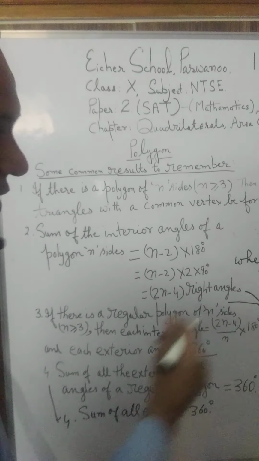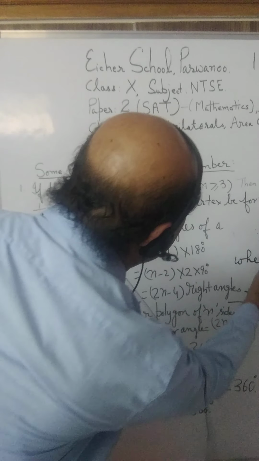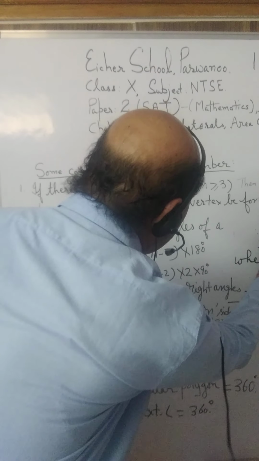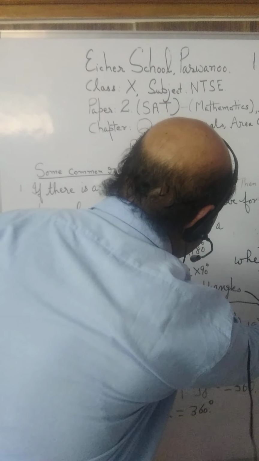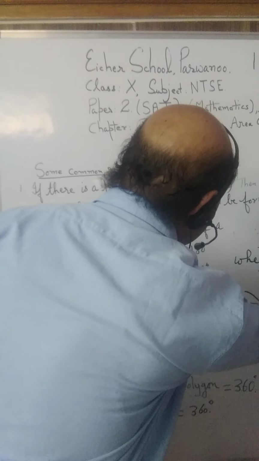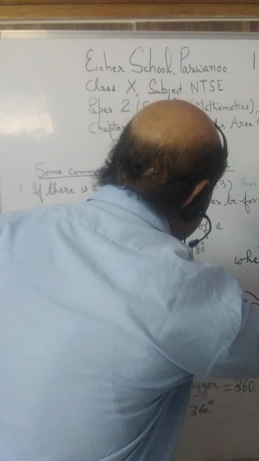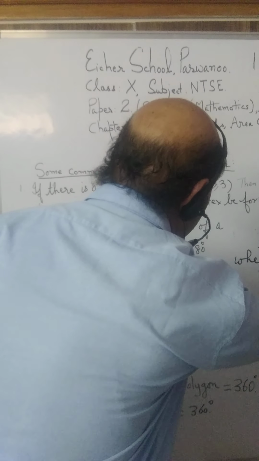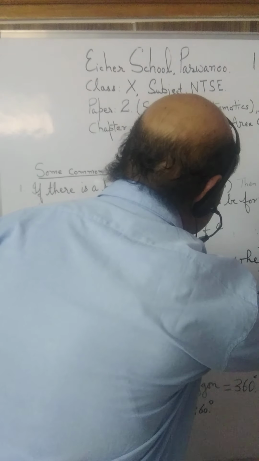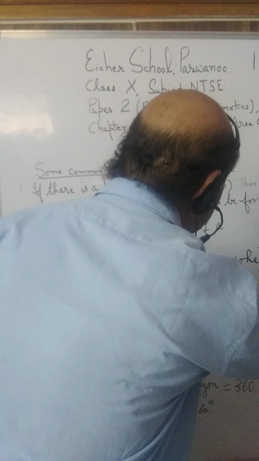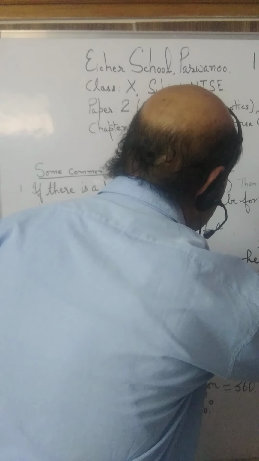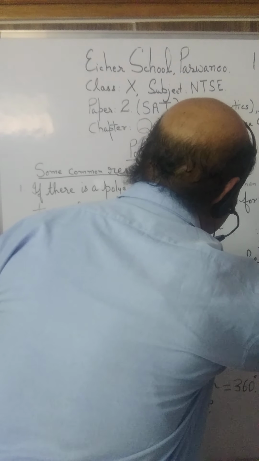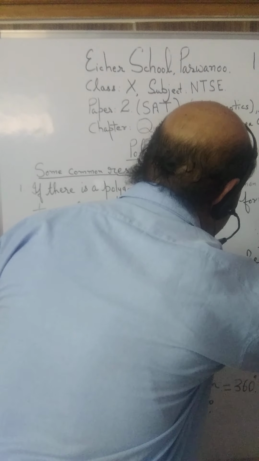That is, if we consider this one as an exterior angle, here this as an exterior angle, this as an exterior angle, then this as an exterior angle, and further we have 1, 2, 3, 4 and one more angle here to complete, it will be this one.